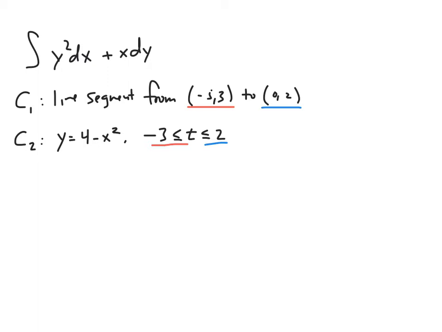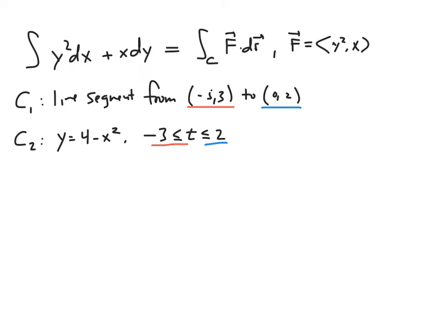However, recall that we also have an alternative way of writing integrals of a vector field. In this case, this is the same thing as the line integral over C of the vector field F, where F is defined as the functions y squared and x.